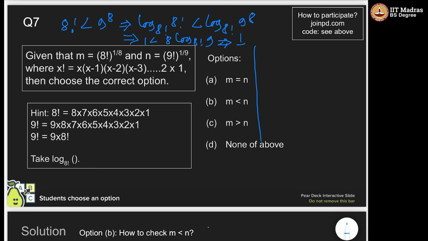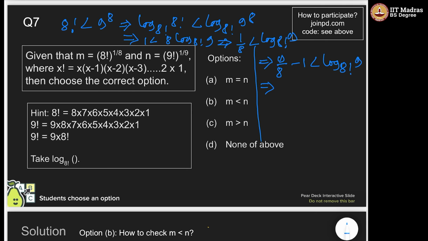So this implies 1 over 8 less than log_(8!) 9. Now 1 over 8 we can write as 9 by 8 minus 1, so this will be (9 minus 8) by 8, that means again 1 by 8, right? So this is less than log_(8!) 9.